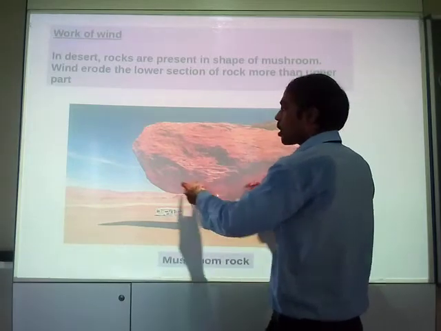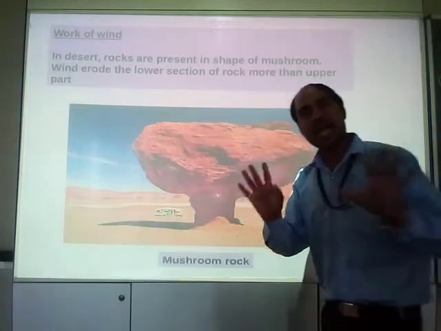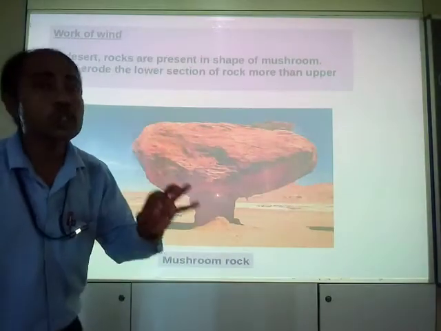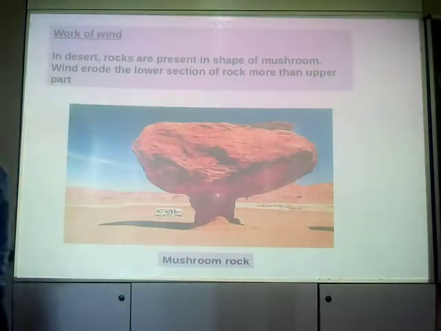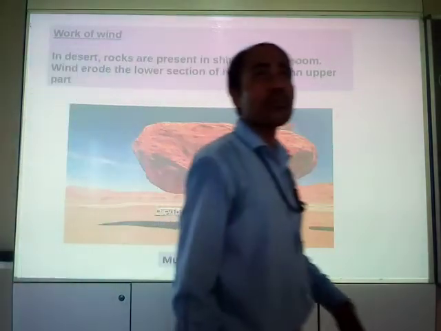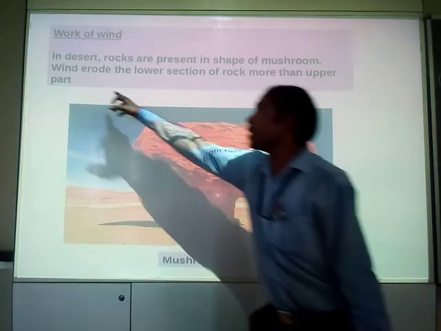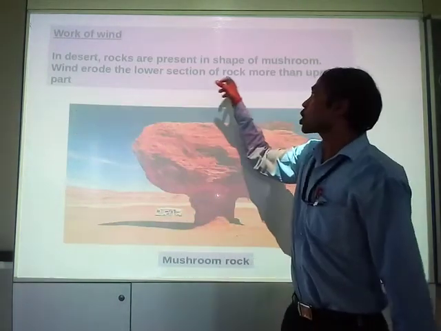Whereas the upper part remains as it is, it helps in the formation of mushroom rocks. And these mushroom rocks are found where? In deserts. Wind erodes the lower section of rock.